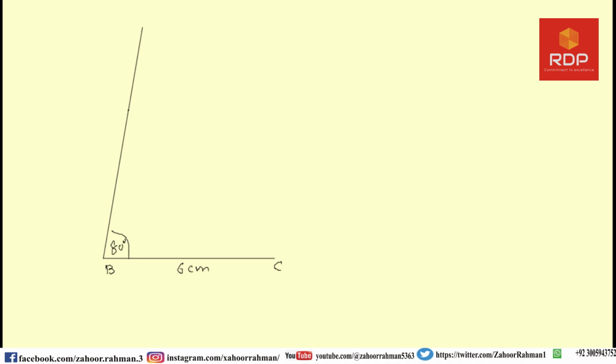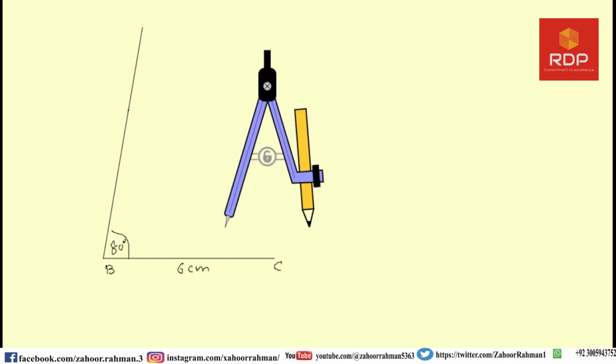Now we have to open the compass arms 5 centimeter long, and then draw a B line. So let's do that.